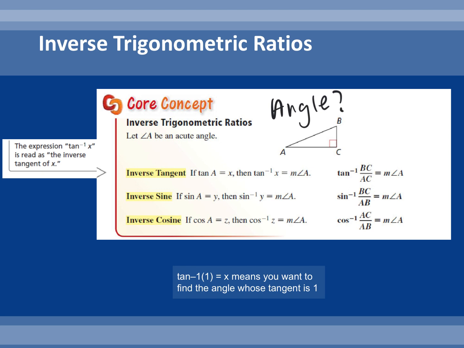Because you can take the inverse tangent, cosine, or sine of the ratio of two sides, and it'll give you back the angle that you're looking at, okay? And remember, guys, it's expressed as tan to the -1 for tan inverse, cosine to the -1 for the inverse cosine, and sine to the -1 for the inverse of sine.